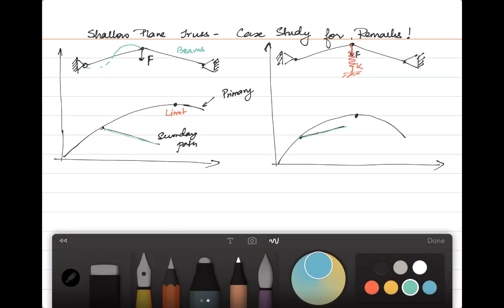Now, what's very important to know is that the behavior is strongly influenced by all kinds of changes that are made in the structure, even small changes like you've already studied. If you change the shallowness of these trusses, there's going to be a change. If you have a column buckling strength which is different, that means each of the members has a different kind of strength, then of course it's going to be different again.